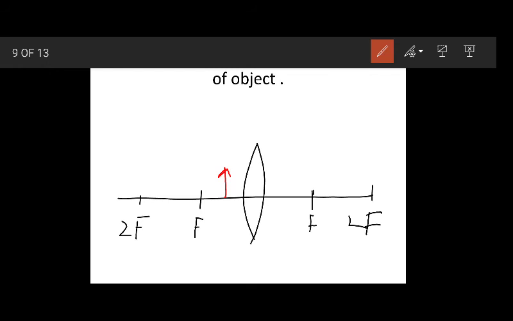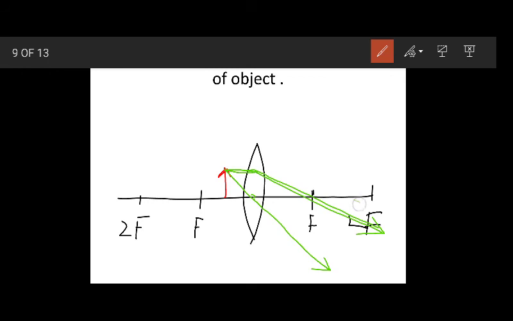First of all, the ray diagram: when light passes parallel to the principal axis, it will pass through the principal focus, and again another light, when it passes through the optical center, does not change its direction.